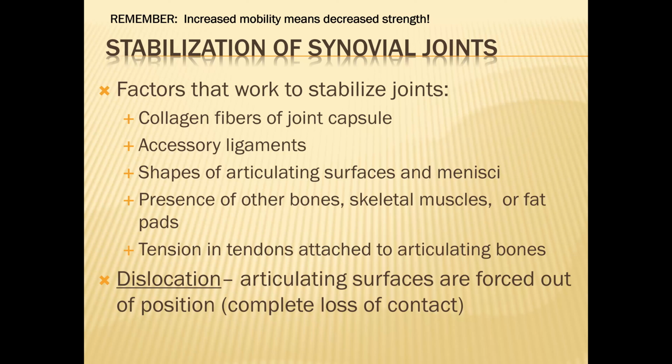And if you have a partial loss of contact, that is a subluxation. So a subluxation is a partial dislocation. When we're talking about all of these ways to stabilize synovial joints, we are basically saying that these are all ways to try to prevent dislocations from happening, but they still can happen, and we'll talk a little bit more about some of those later on.